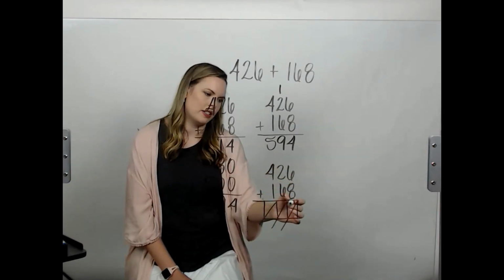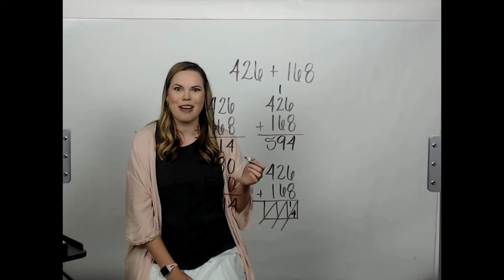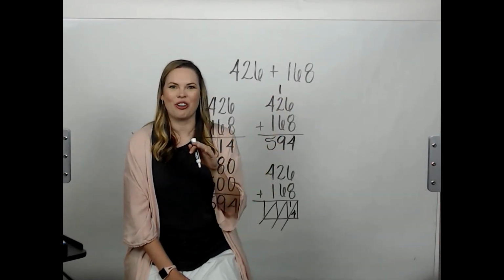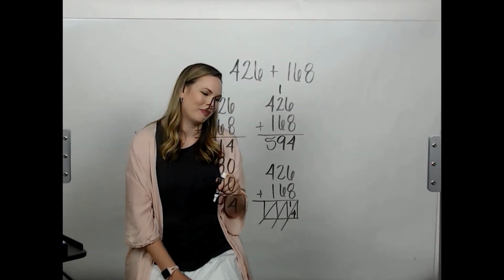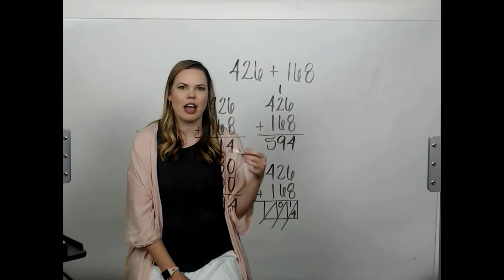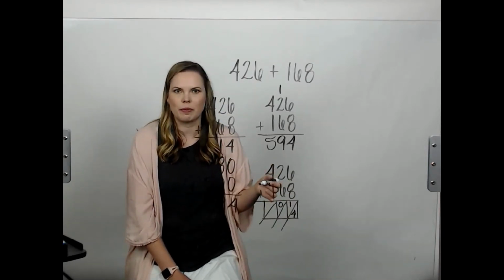So 8 plus 6 is 14, a 1 right here, 4 right here. It is this one that gets moved over to the next place value. Okay, 2 plus 6 is 8, so we'll put a 0 up here because we didn't have any hundreds there. It stayed in the tens because there was no regrouping needed.